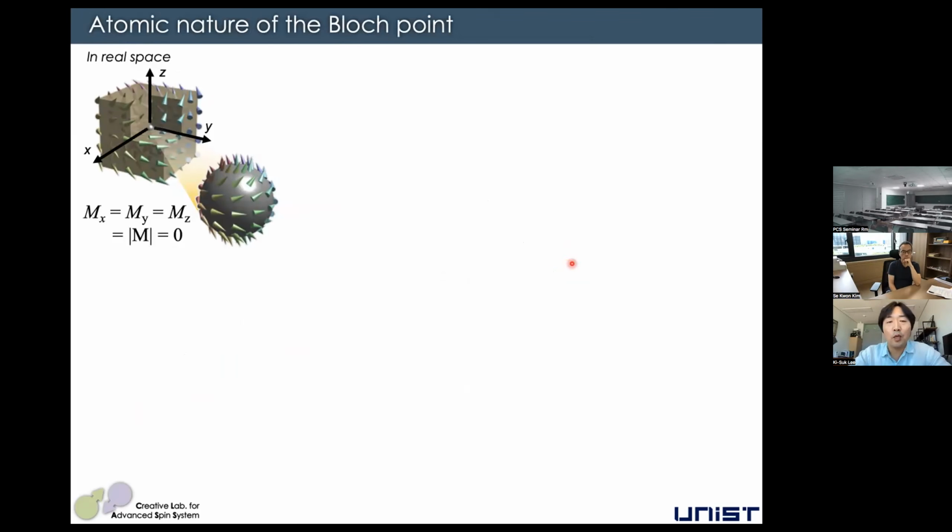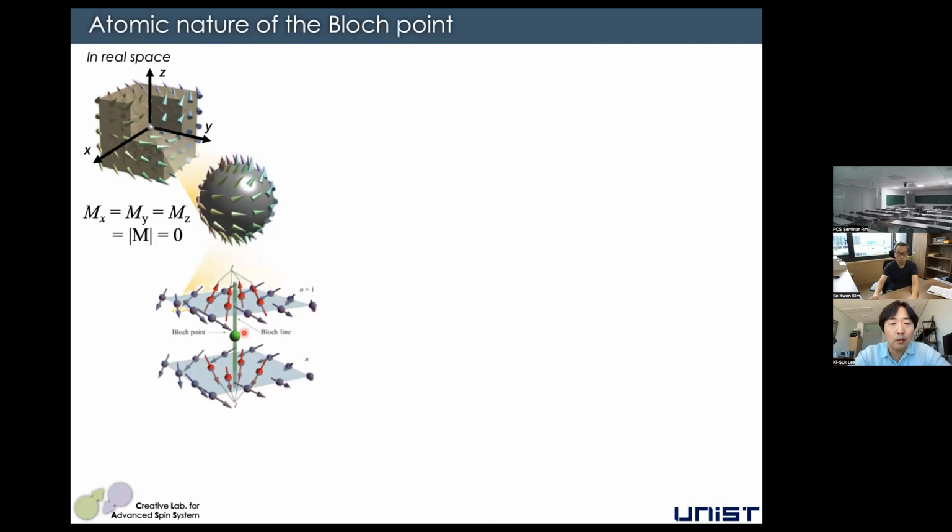Okay, so to understand the role of the Bloch point, it comes from the atomic nature of the Bloch point. Again, the Bloch point is a virtual point where the magnetization vanishes. Okay, so this is a virtual point, not a real point.